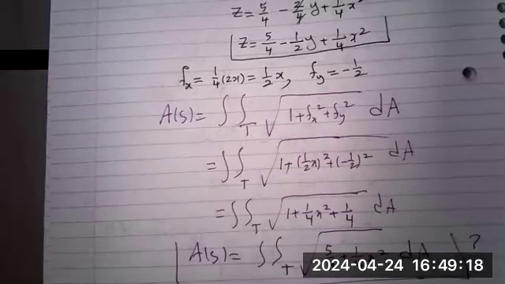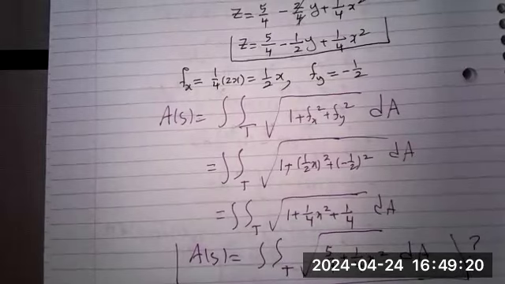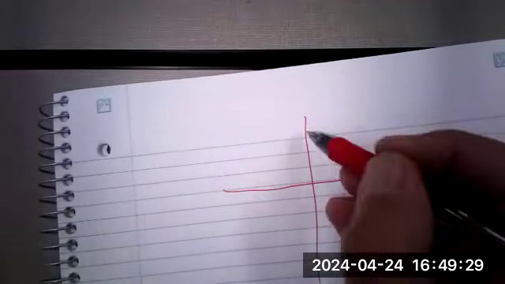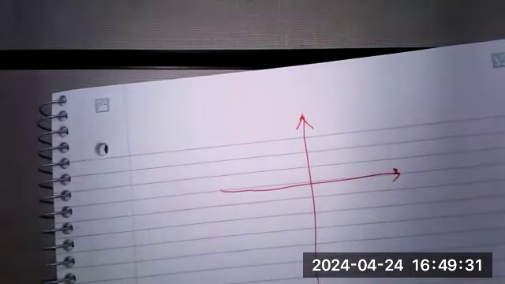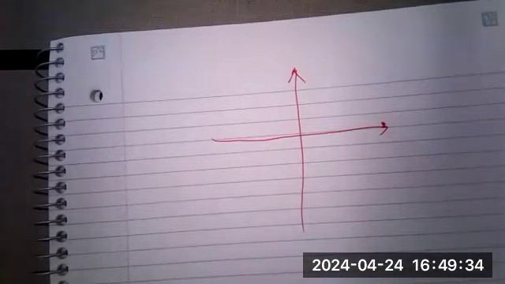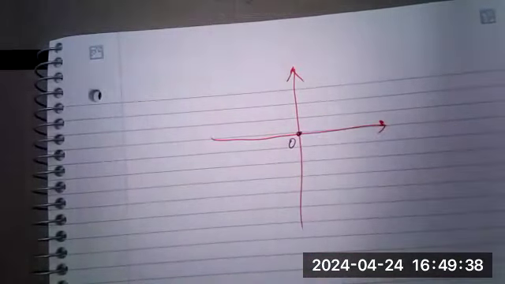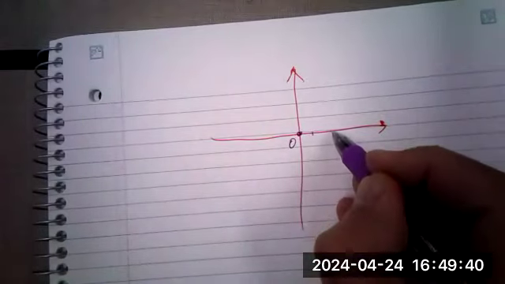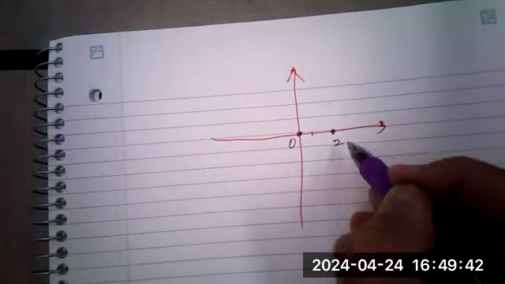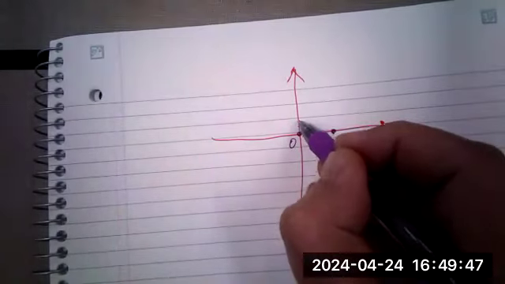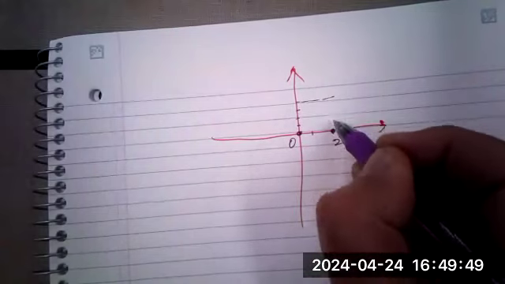Graph the triangle. The vertices are 0, 0, 2, 0, 2, 4. Let's see what we have. Okay, this is it. So 0, 0. This is going to be 0, 0. Then you have 2, 0. Then you have 2, 4. 1, 2, 3, 4.